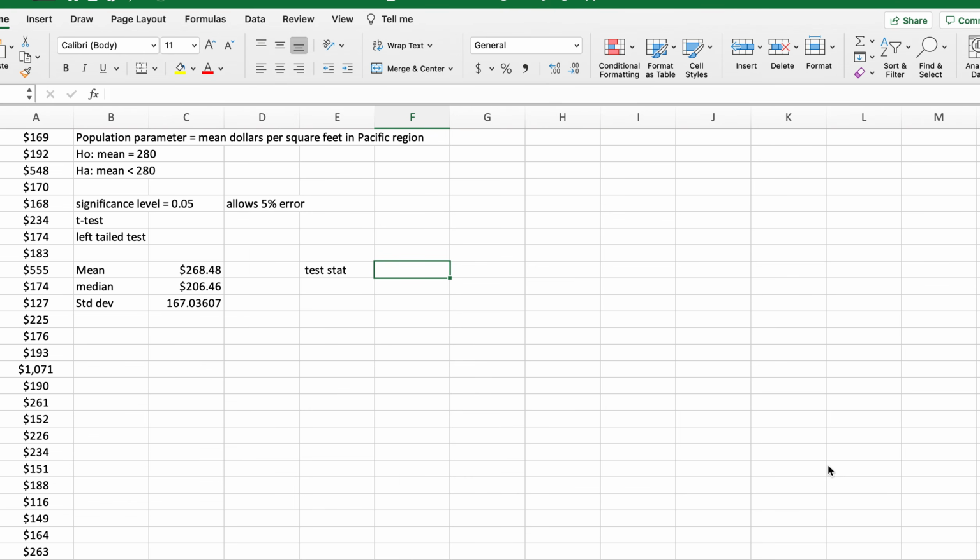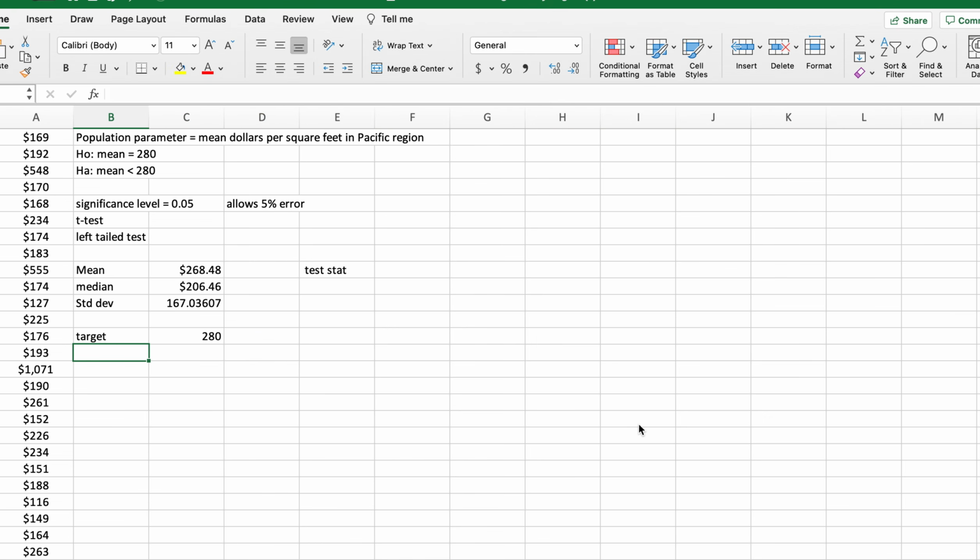And we need to do our formula. We're going to do the sample mean. Here's our sample mean. The target is 280 because it is the hypothesis test.